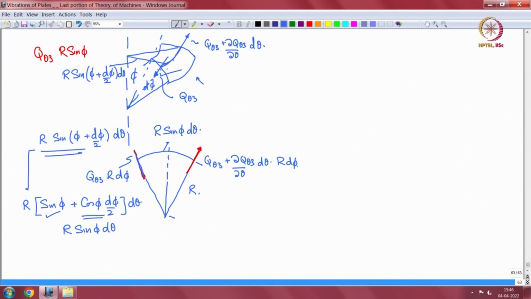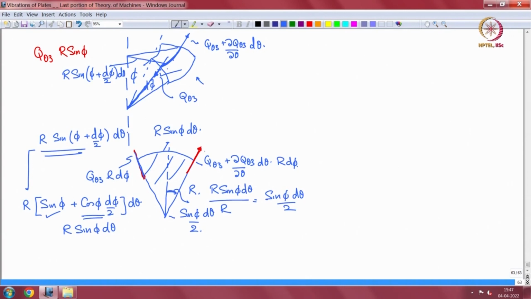So in this plane of this line and the normal towards the center, this angle is the arc length over radius, r sin phi d theta over r, and therefore it is sin phi d theta, and half of that. So this angle is sin phi d theta by 2.